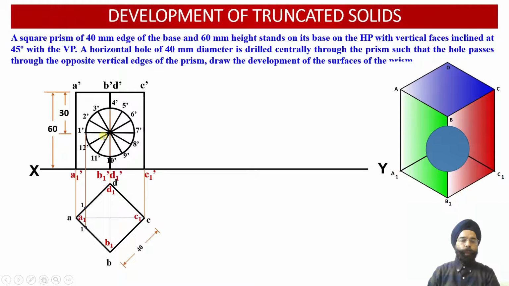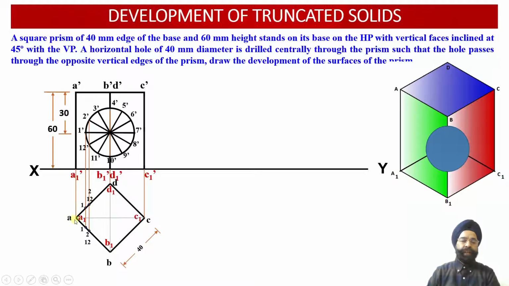Similarly, the 2 points 2 dash and 12 dash are also going to lie onto one vertical line when the observer looks at the solid from the top. So the points 2 dash and 12 dash will be overlapping with each other. Onto the rear face alongside AD, these 2 points 2 and 12 will be available at this distance alongside the face AA1 and DD1.